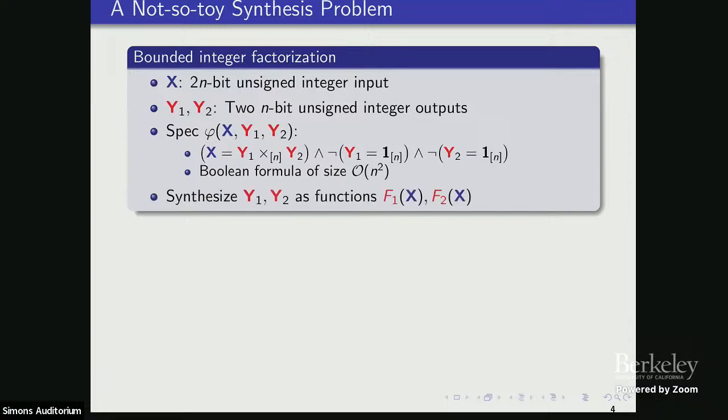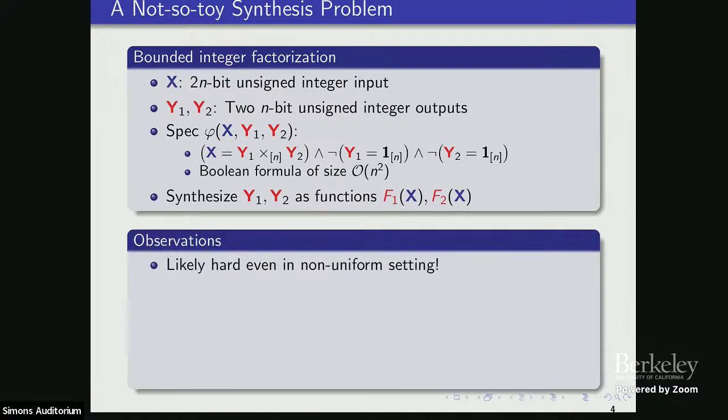And now, if I ask you to synthesize the outputs as functions of the inputs, I'm basically asking you for a factorization circuit. Note that I've specified the n over here, so it could very well be the case that these functions for a certain value of n look one way, and for another value of n they look different. So this is really asking for a non-uniform circuit family for factorization.